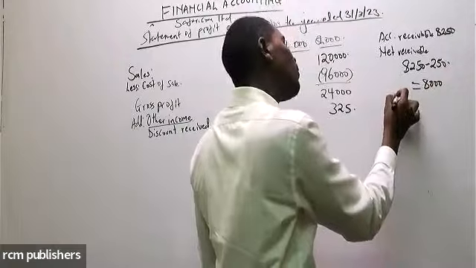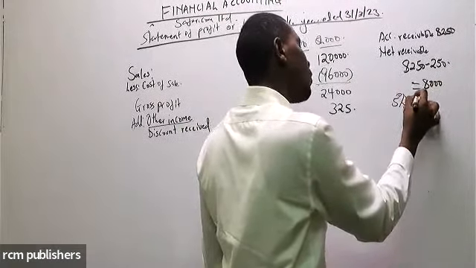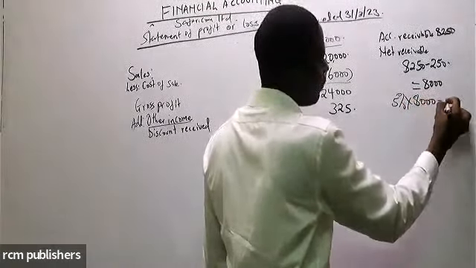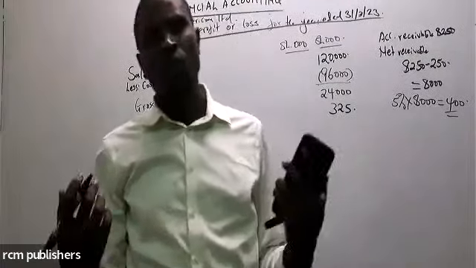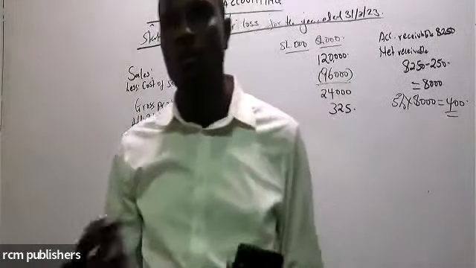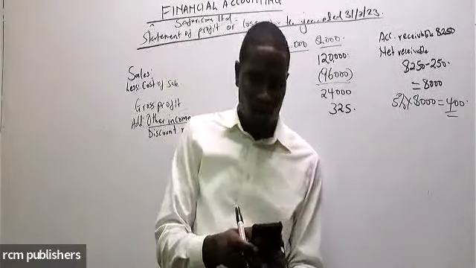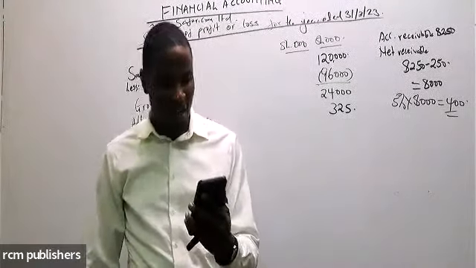And allowance for doubtful debt, we are told it is 5% of 8,000, which will remain to be 400. Now, in that case, we look at what was provided in the trial balance. In the trial balance, in the last row, you can see allowance for doubtful debt as at that date is 450.